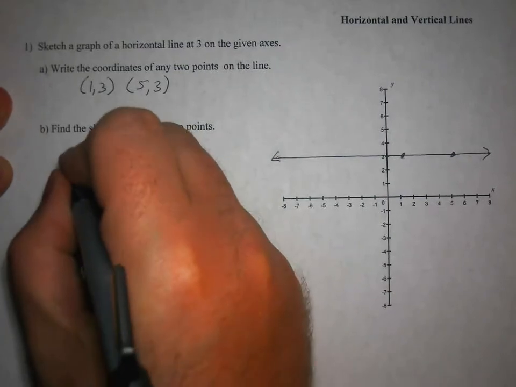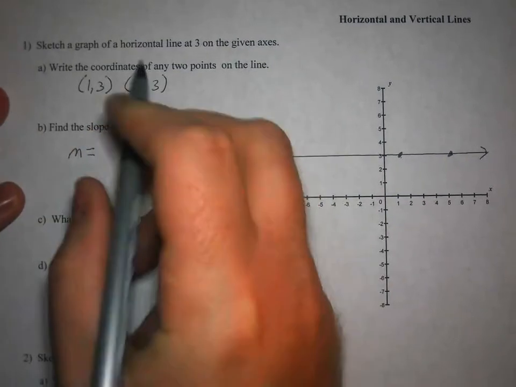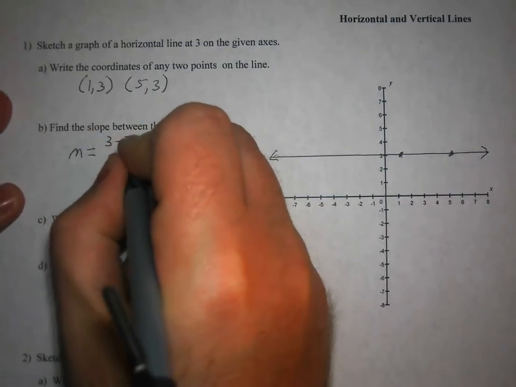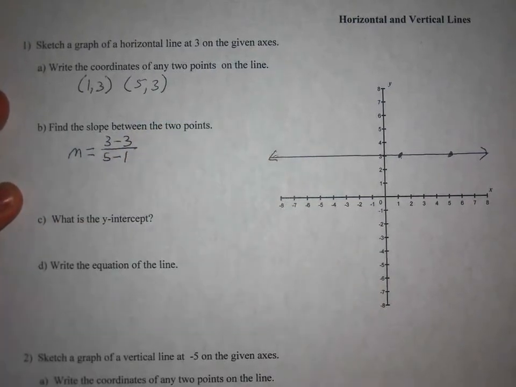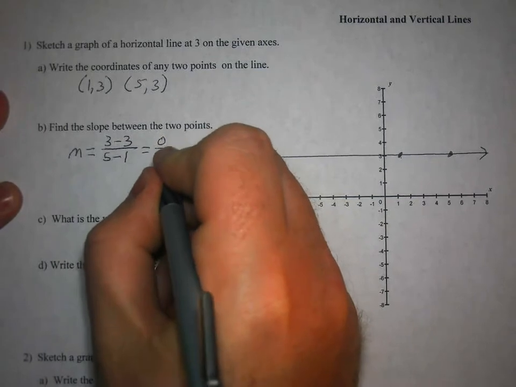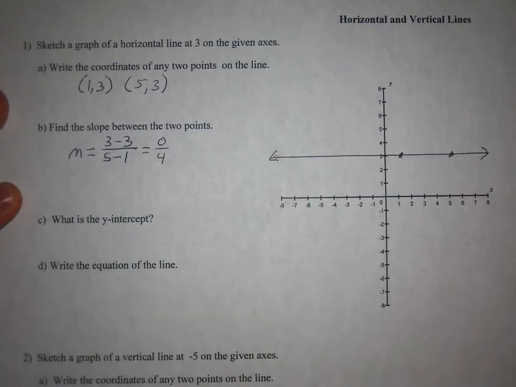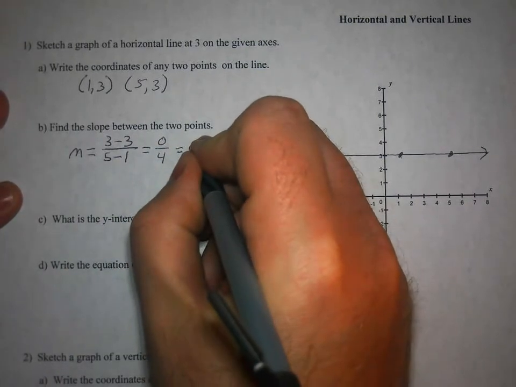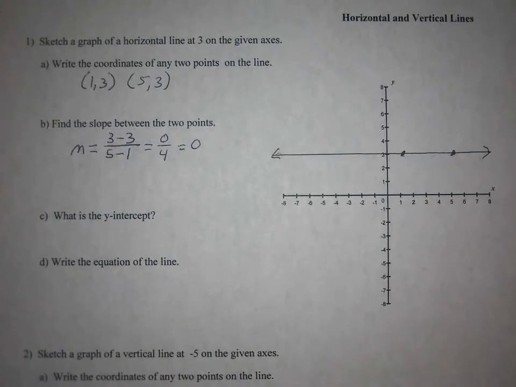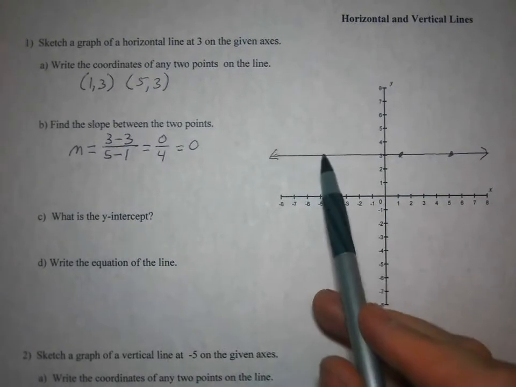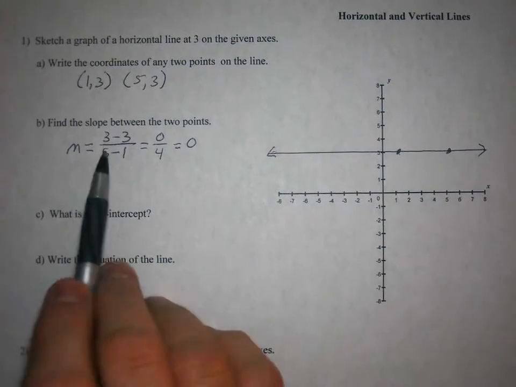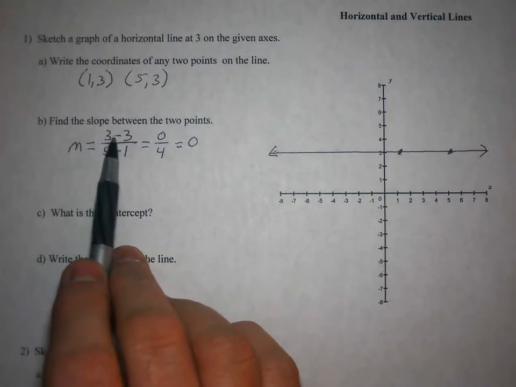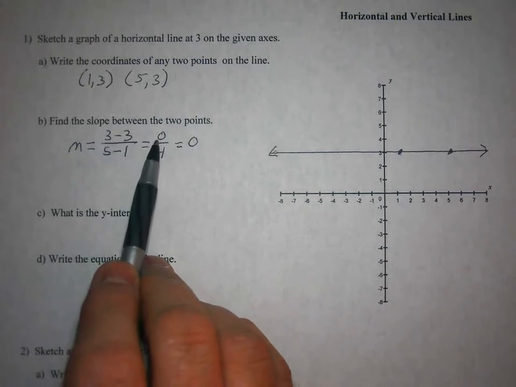So when we find the slope by doing y2 minus y1, so 3 minus 3, divided by 5 minus 1, notice what happens. We get 0 over 4, which is 0. No matter what your points were, as long as they were on this line, the y value was 3, which means when you subtract 3 minus 3 in the numerator, you're going to get 0.